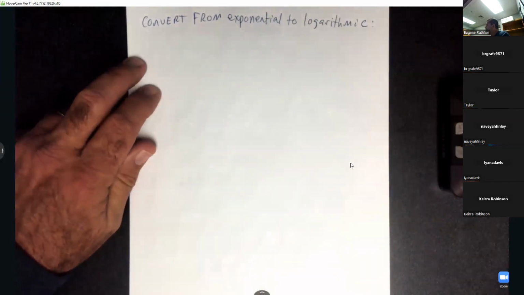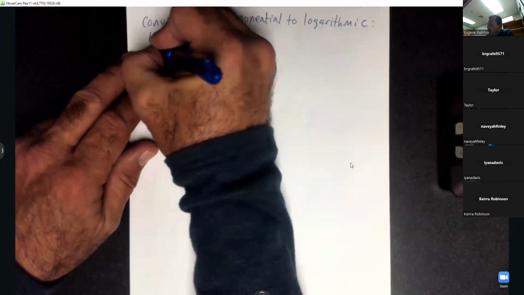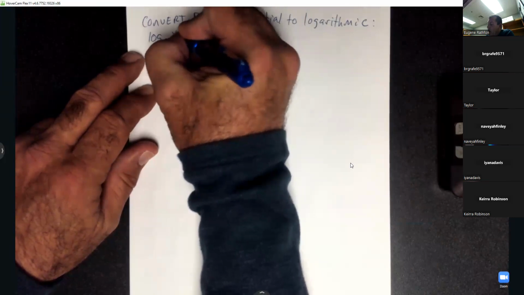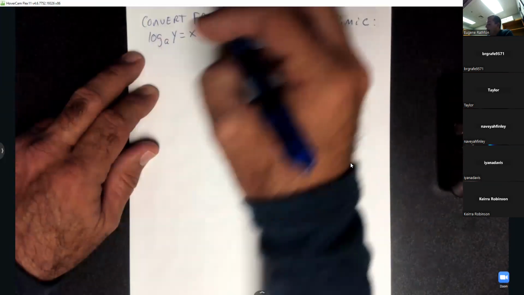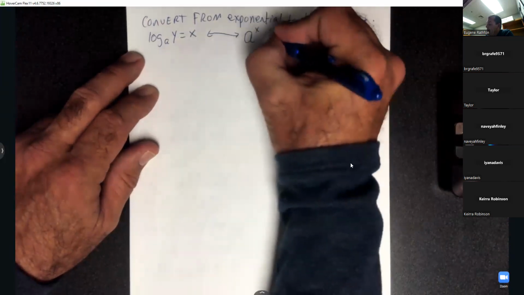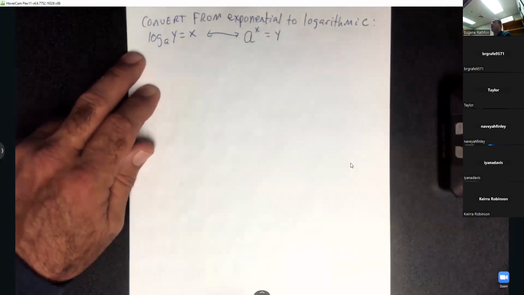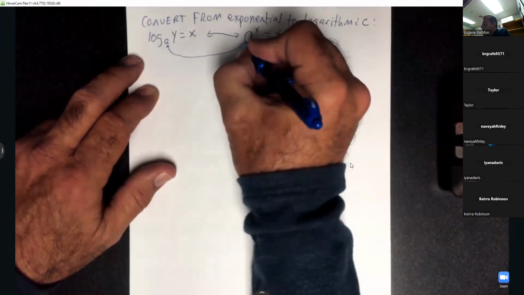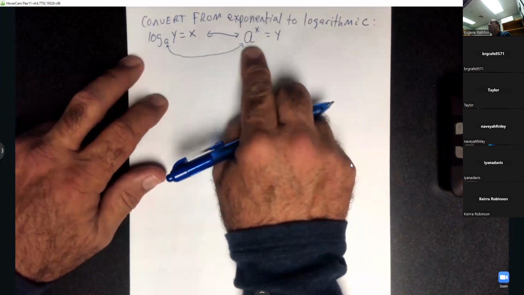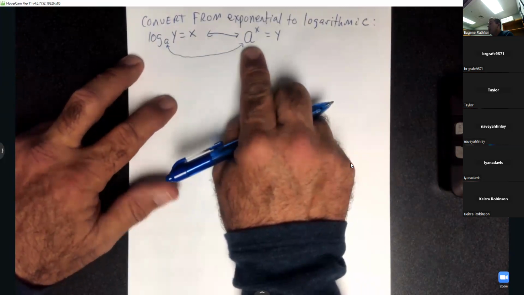And y'all, I'm going to use my little property that says log base a of y equals x if and only if a to the x equals y. So notice the base of the log is the same as the base of the exponential.